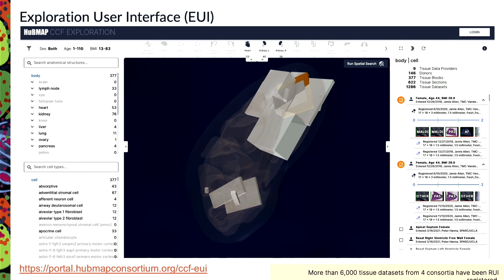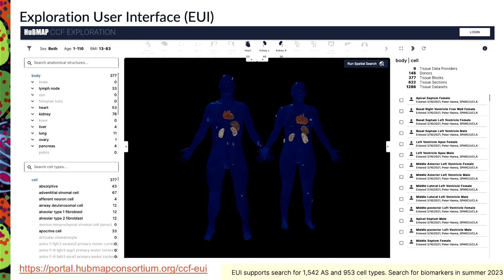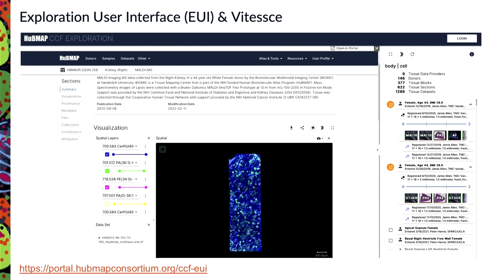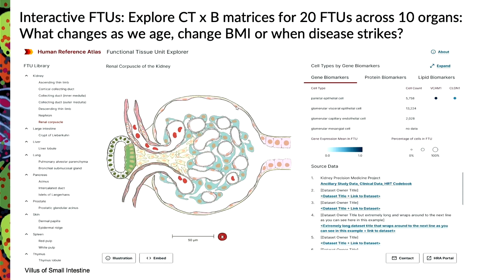And on the right-hand side here, you would get to see the kind of data that exists, either as bulk data, as spatial data, or other types of data. And ultimately, you can click on one of these data sets and go over to the Vitessce browser to explore that data at the biomolecular level.